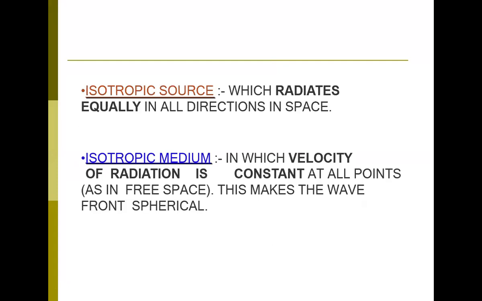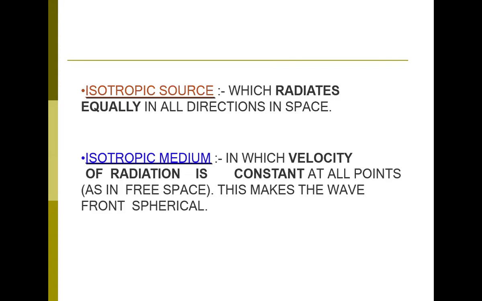Isotropic source. This we have already studied during the basic classes of antenna. An isotropic source radiates signal in all directions, and signal strength should be equal in all directions.